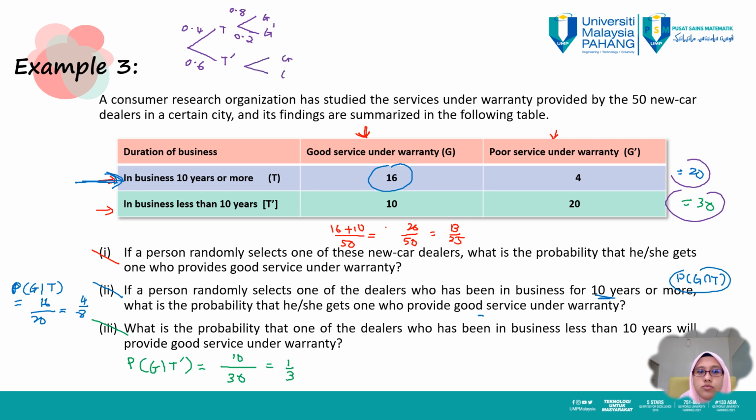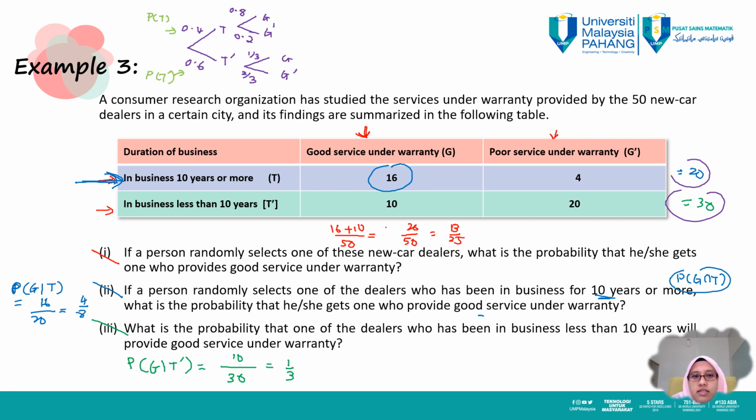Good service and poor service. For good service, we have 10, so 10 over 30 is equal to 1 over 3 here, and for poor service, we have 2 over 3. Then this is the probability for T, and this is the probability for T prime.